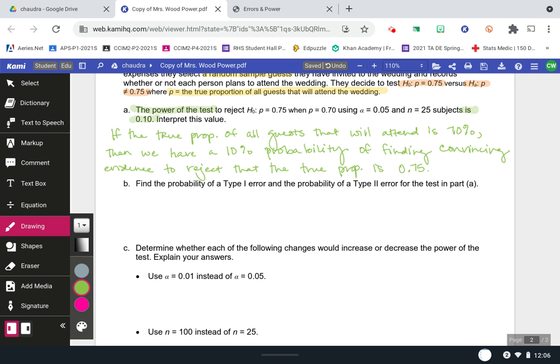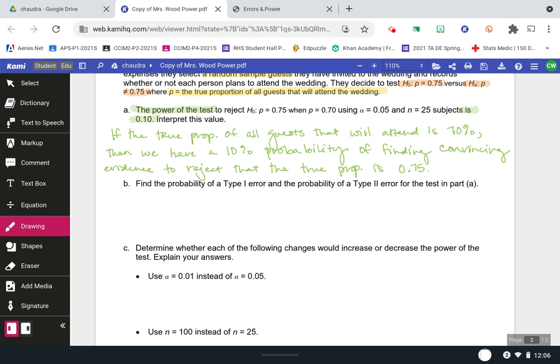That's not very powerful. There's only a 10% probability of finding convincing evidence that the true proportion is not, in fact, 0.75. That should make sense to you because the true proportion is 0.7. That's not that far off. So most likely, if we collect samples, then we're not going to be convinced that 0.75 is wrong. Okay? So just trying to put it into perspective for you.